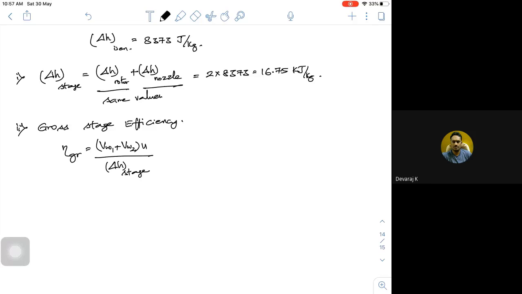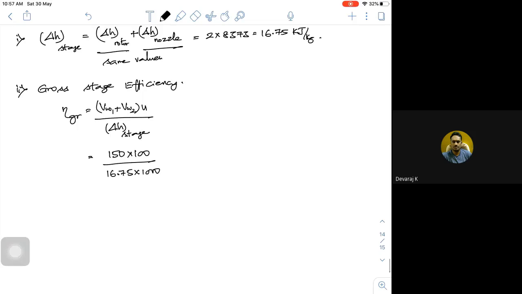So VW1 plus VW2 is 150 into 150, divided by 16.75 into 10 to the power of 3, because it's 16.75 kilojoules per kg. So I'll be getting around 89.578. So that is your gross stage efficiency for this particular problem statement. Yeah, this is about this problem statement.